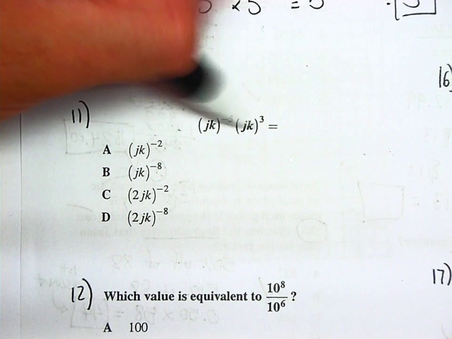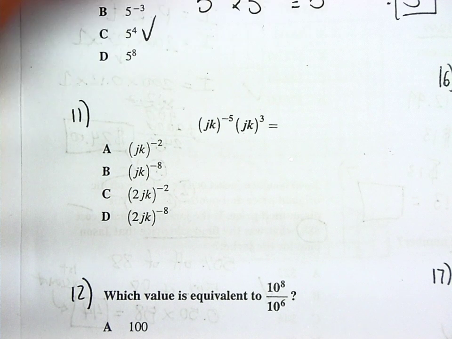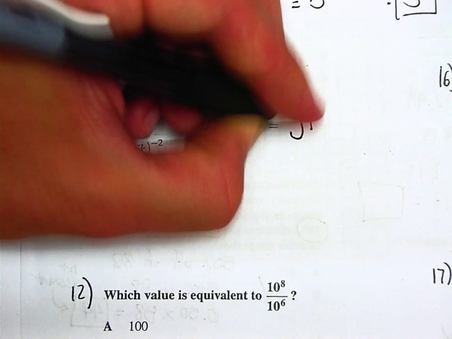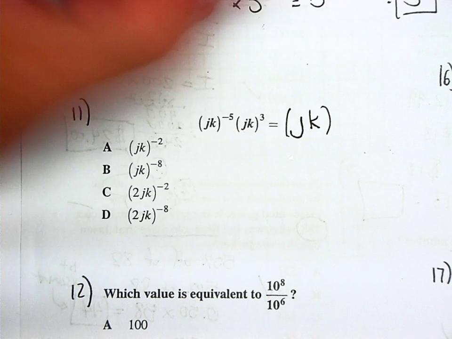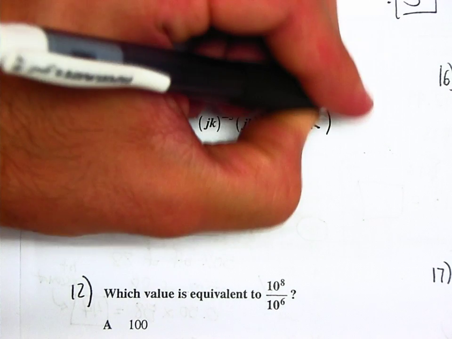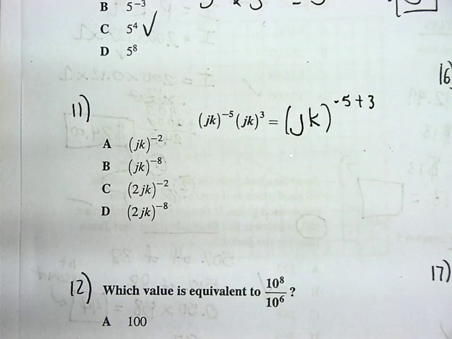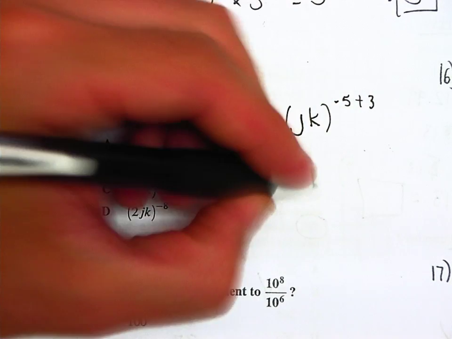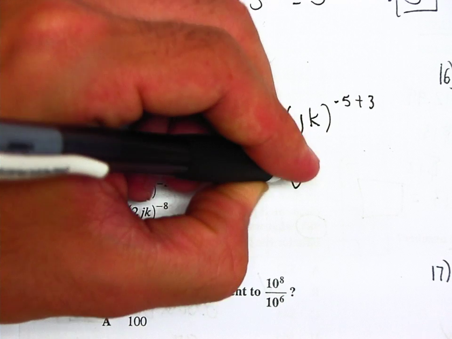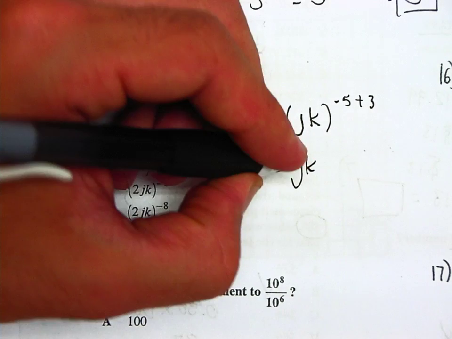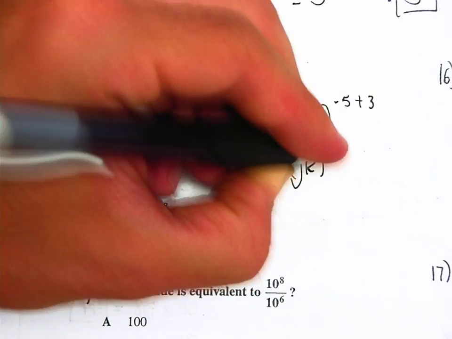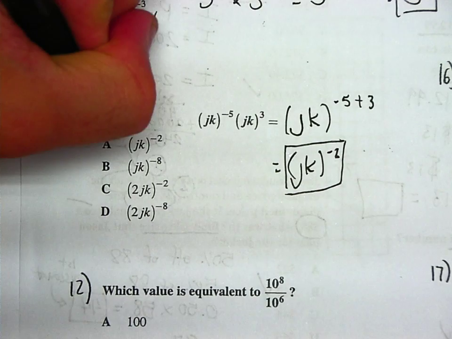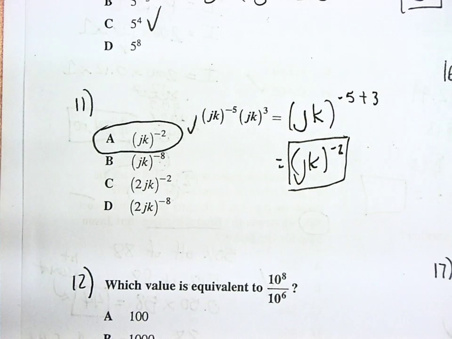So since these two powers have the same base, and I'm multiplying them, I know I can really just add the exponents, and this is really going to be the same thing as jk to the negative 5 plus 3. I can add the exponents. If I do that, negative 5 plus 3 is negative 2. And so this is really the same thing as jk to the negative second, which is answer A.